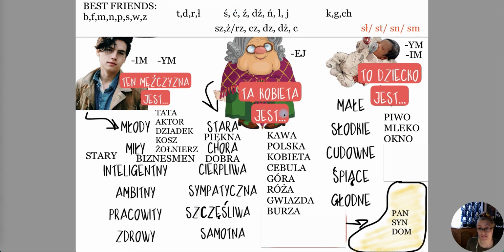So if a dog thinks about a good bone or big bone to eat, it thinks, pies myśli o dobrej kości, o dobrej kości. But as this group is not shared, there will be a different ending for masculine and neuter noun.